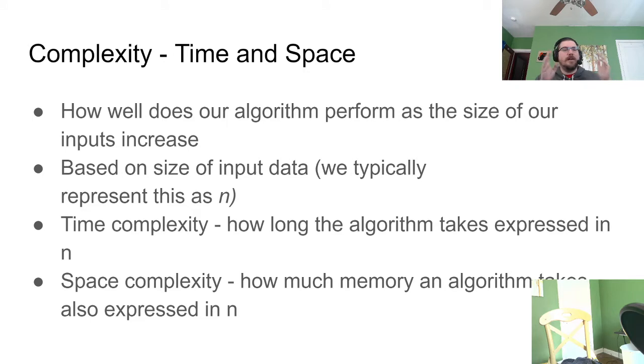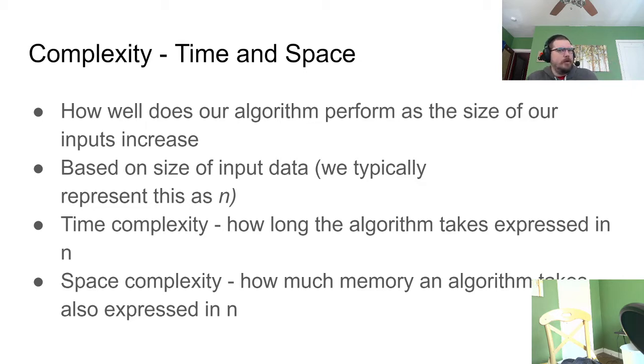So, for instance, I might have an algorithm that if it does 100 inserts, takes 100 milliseconds, which would be ridiculously slow, but actually maybe 100 microseconds or something like that. But it might take up 700 megabytes of memory.